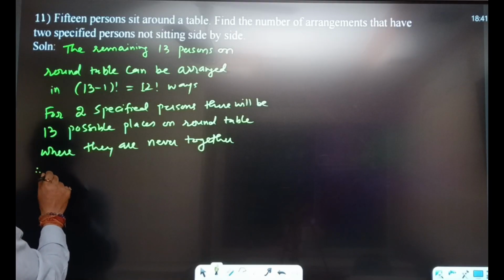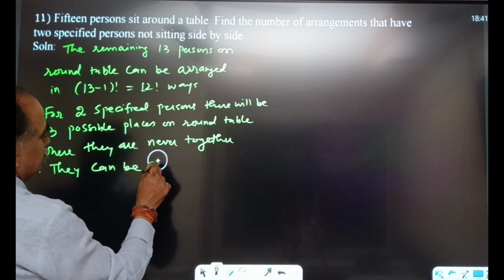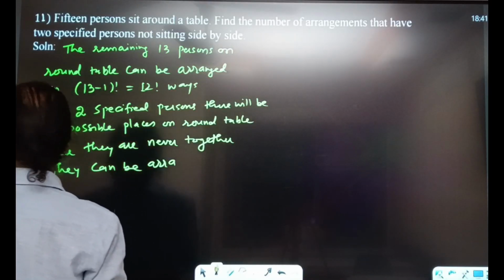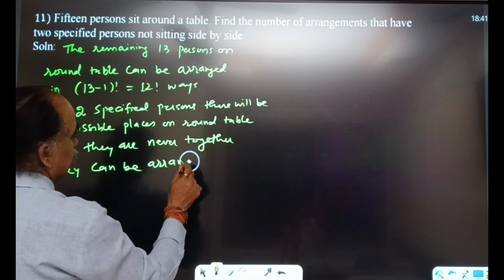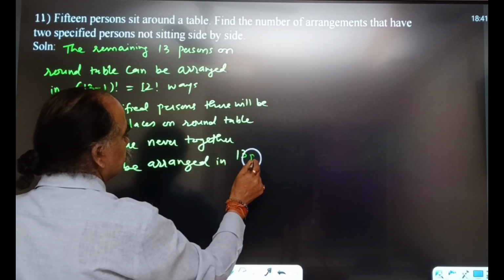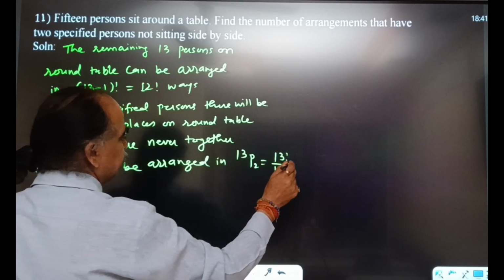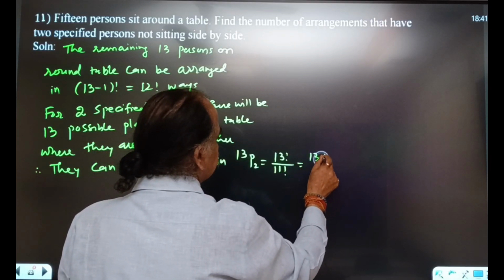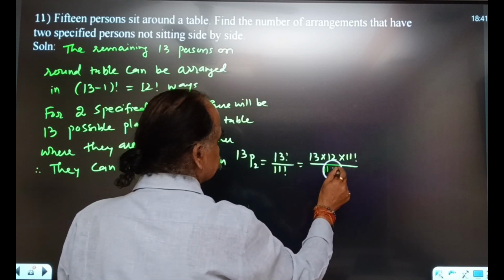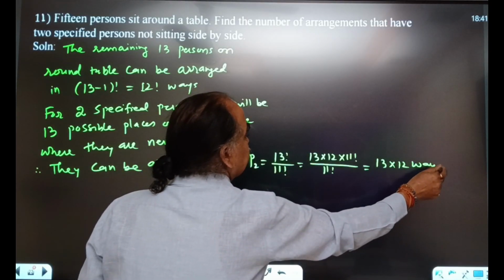Therefore, they can be arranged in 13P2, which is equal to 13 factorial upon 11 factorial, equal to 13 into 12 into 11 factorial upon 11 factorial, which is 13 into 12.